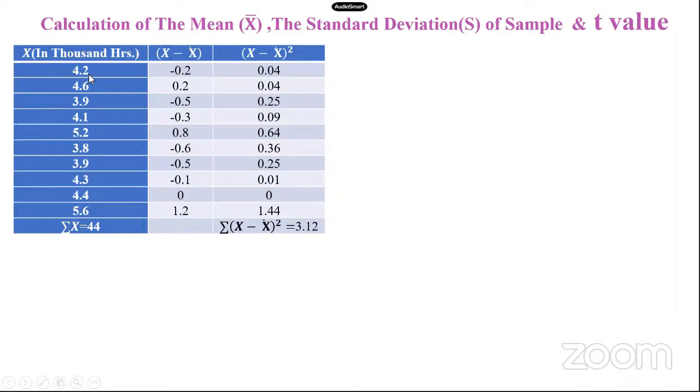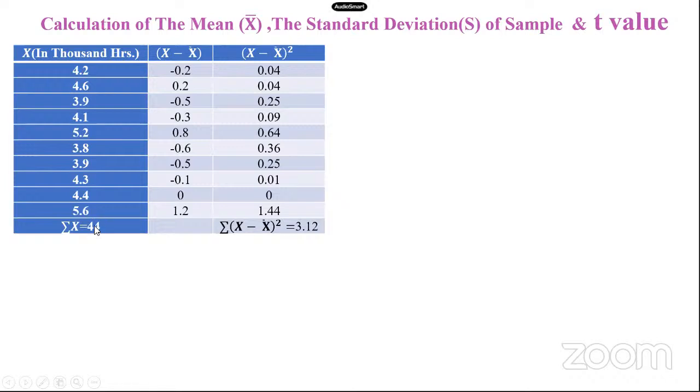Firstly, put the values as x. These are all values in 1000 hours: 4.2 thousand, 4.6 thousand, 3.9 thousand, 4.1 thousand, 4.2 thousand, 3.8 thousand, 3.9 thousand, 4.3, 4.4 and 5.6 thousand. Total 44,000.